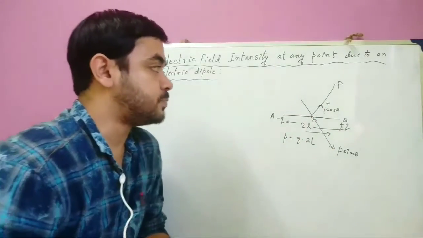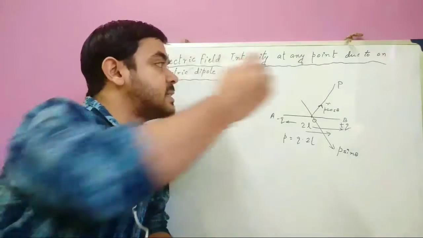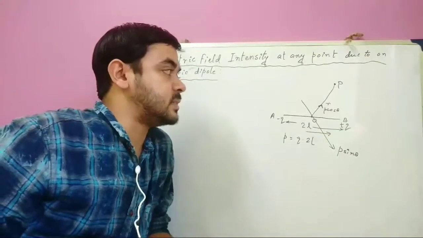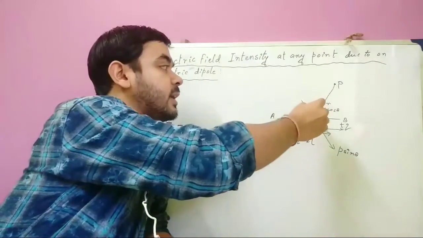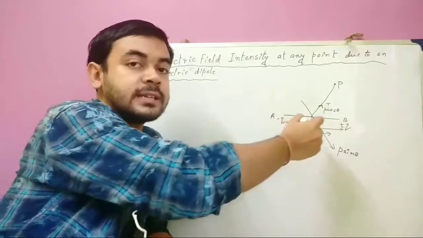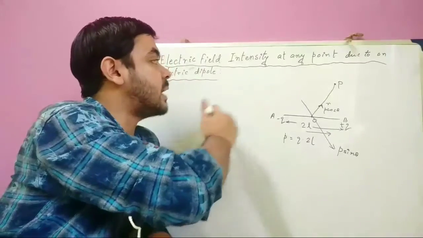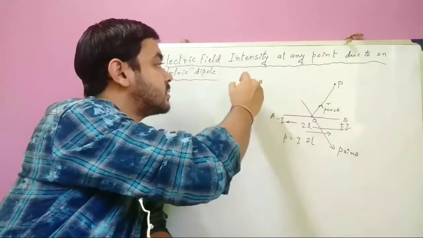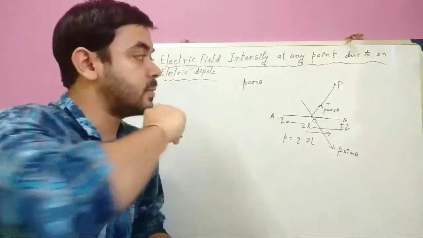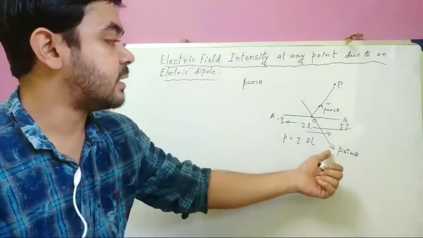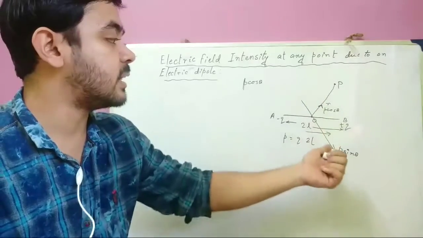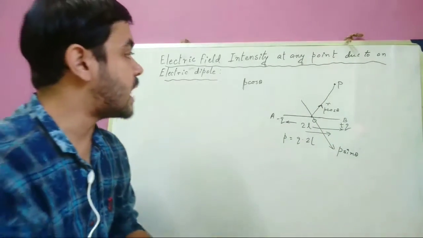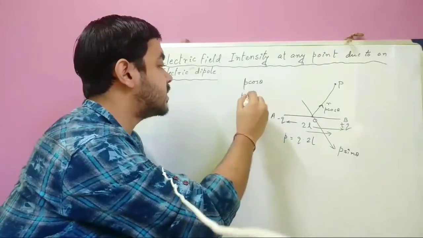Okay, now P is such a point which is on the axis of a dipole whose dipole moment is P cos theta, and on the perpendicular bisector of another dipole whose dipole moment is P sin theta.